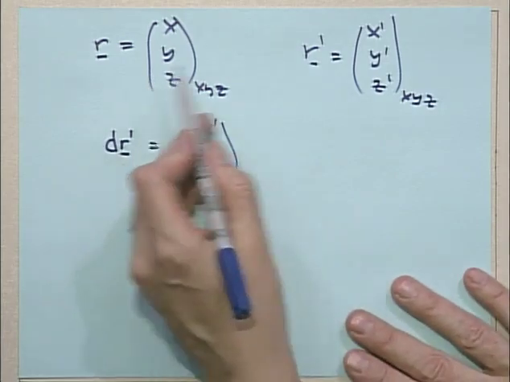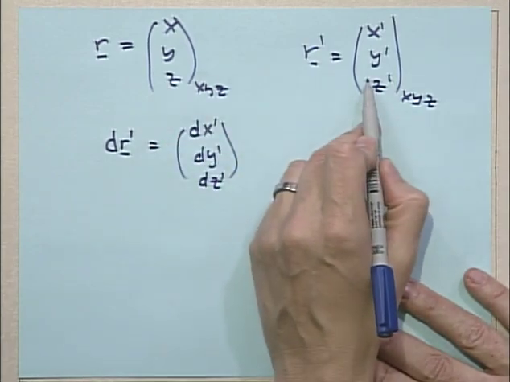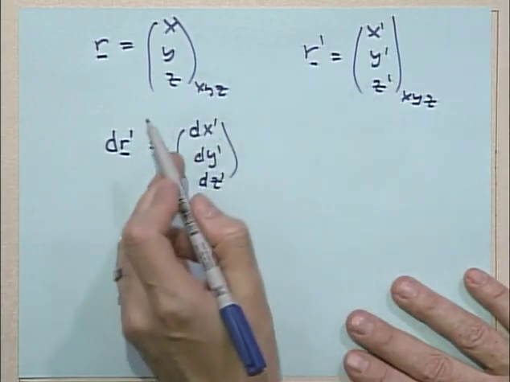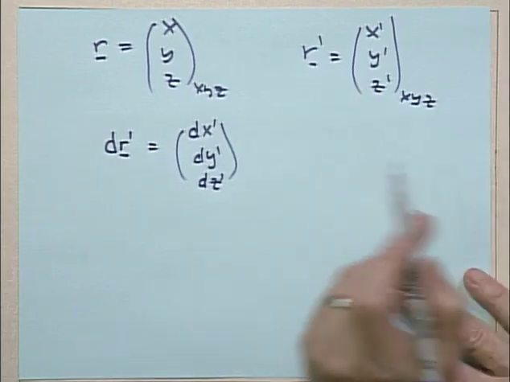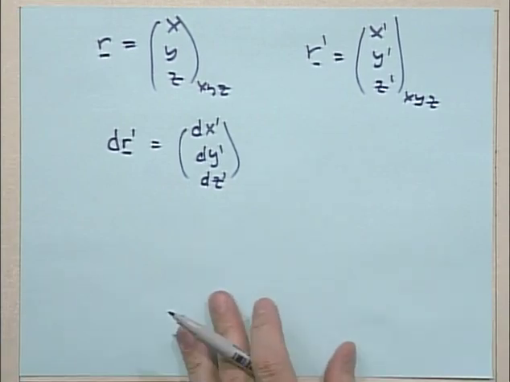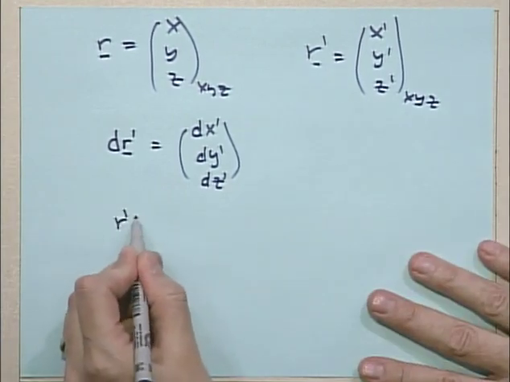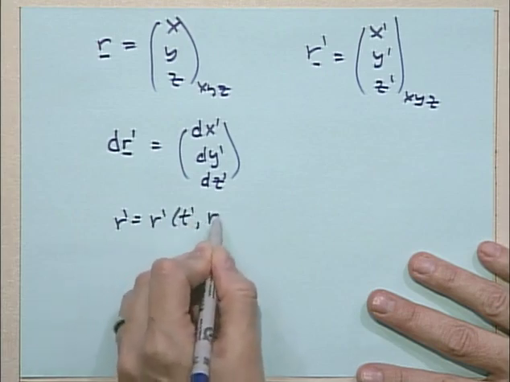Now, to relate these two states, I'm going from the reference state to the current state. I need to put together a transformation. And to do that, I'm going to use the chain rule. The vector r prime is a function of t prime and r.